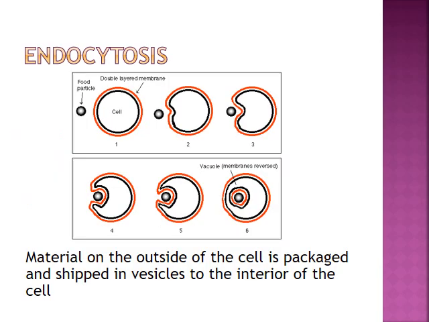Endocytosis works in the exact opposite way. A particle binds or gets close to the membrane, distorts, actin filaments slide along, and you end up engulfing it in a vacuole. So you take in a vacuole.